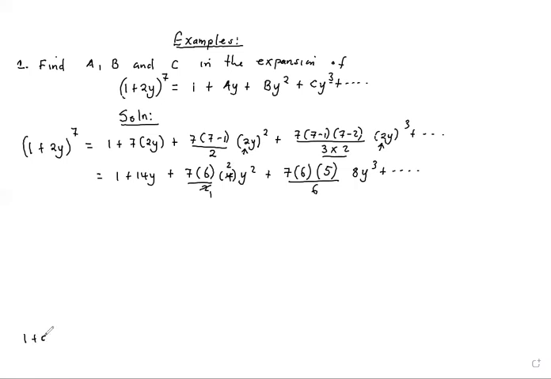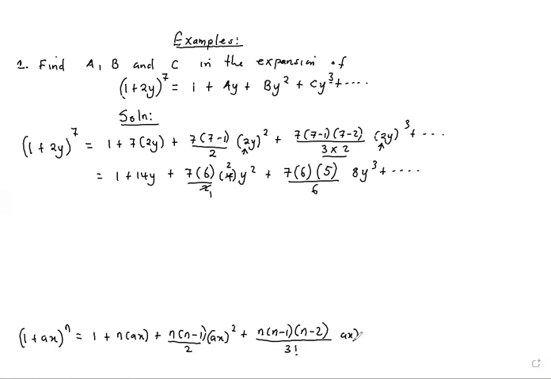1 plus ax power n is 1 plus n ax plus n minus 1 over 2 ax squared plus n minus 1, n minus 2 over 3 factorial ax cubed.